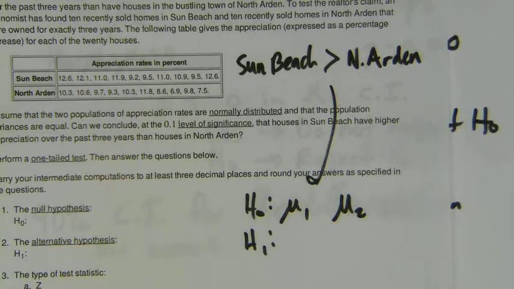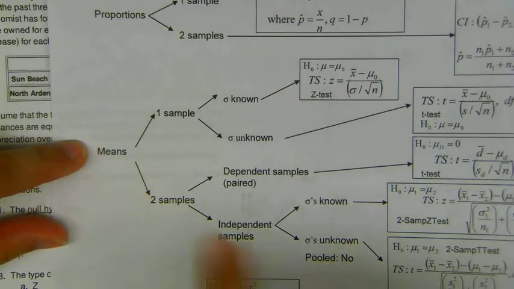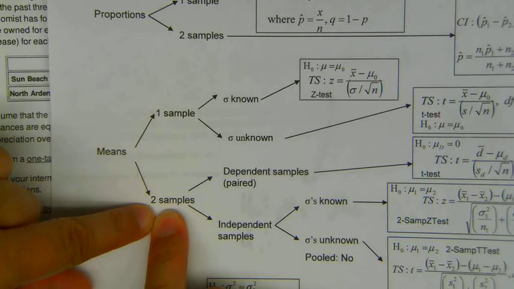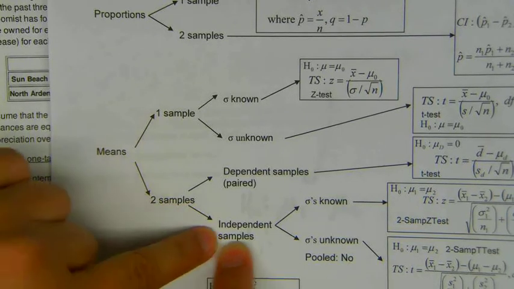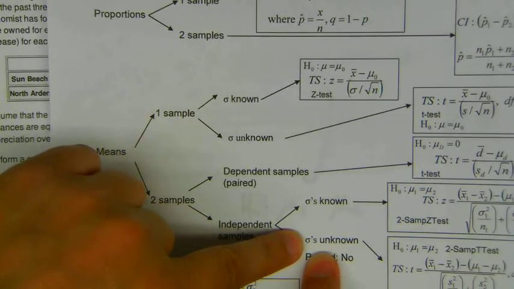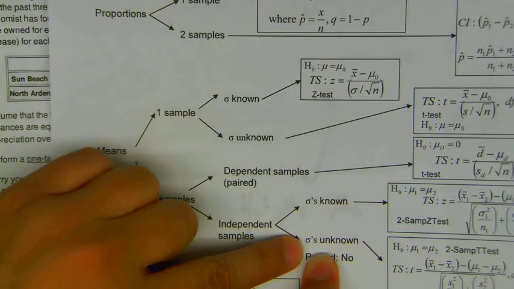And that might help, again, with the flow chart. I'm looking at means. So here your flow chart is on the left. Samples of data. They're independent because there's no pairing that goes on there. I don't know what the sigmas are. There's no population standard deviation given, I don't think. Was there? Yes, no population standard deviation was given, so sigmas are unknown.